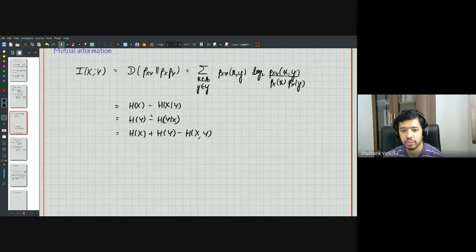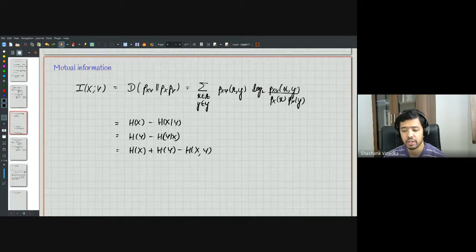And it can also be written as the difference between the entropy of x and the entropy of x given y, and similarly the entropy of y minus the entropy of y given x. Right? And the intuitive or heuristic interpretation for mutual information is how much information about x is given by y, or how much information about y is given by x.